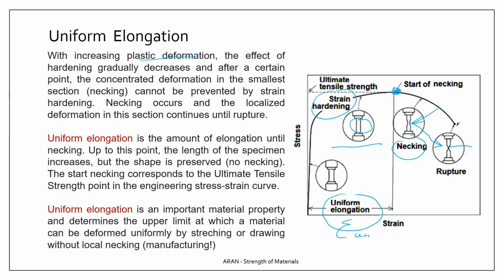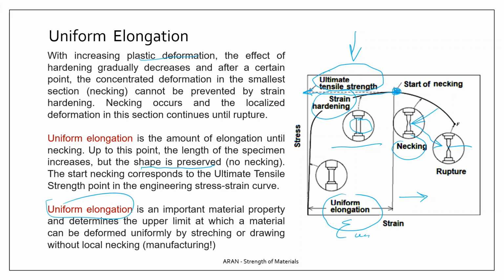Up to this point, the shape of the specimen is preserved, and after this point, we may have localized deformed areas. And this point also gives us the stress value, which we call the ultimate tensile strength of the material.